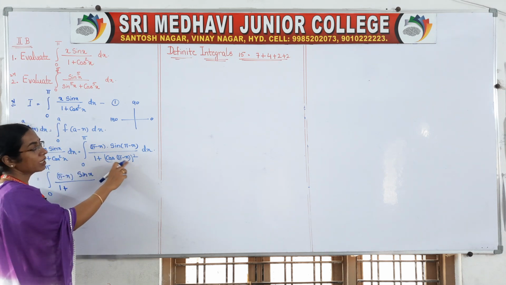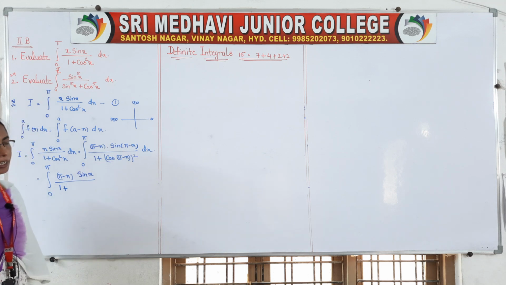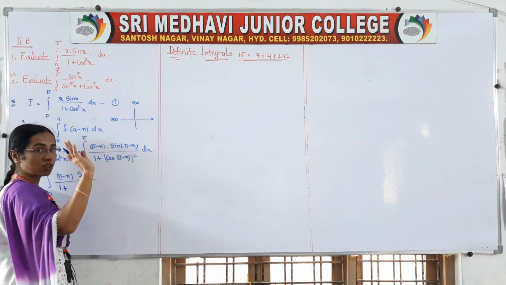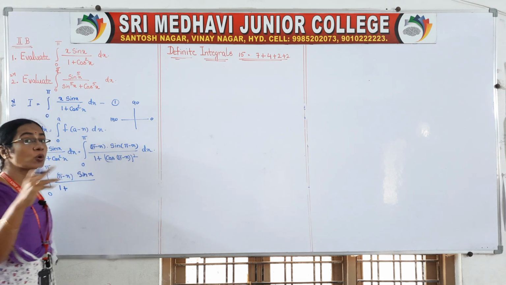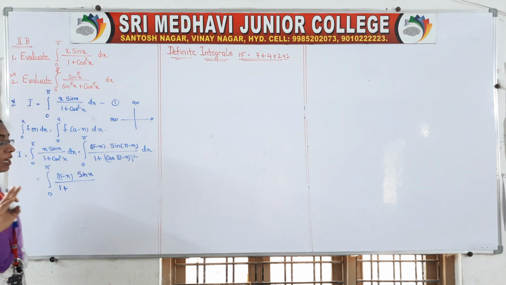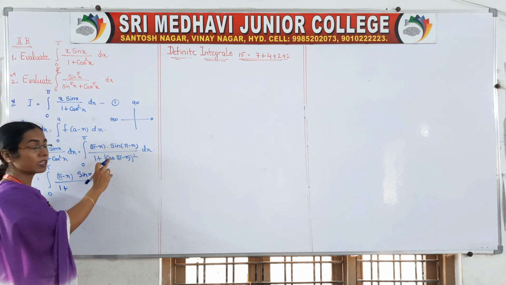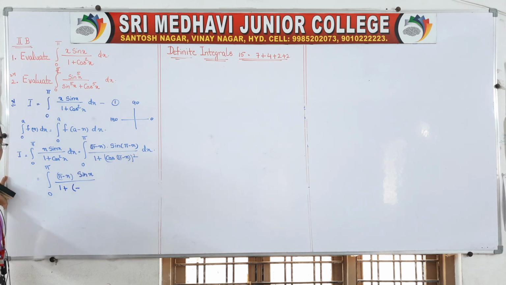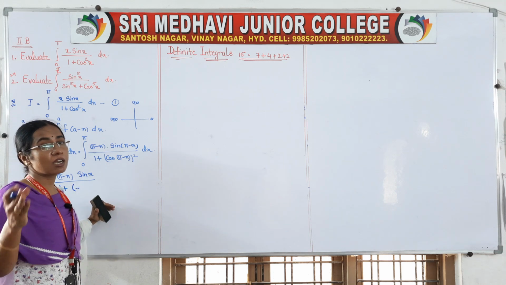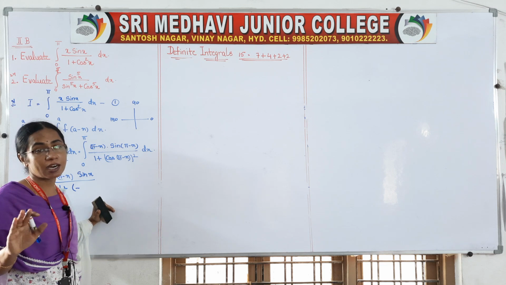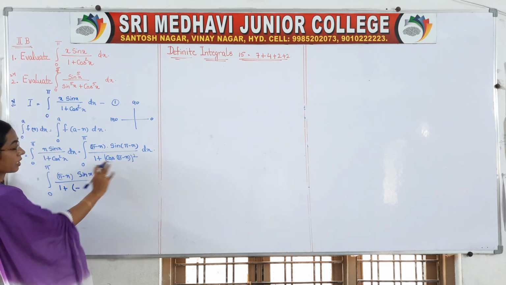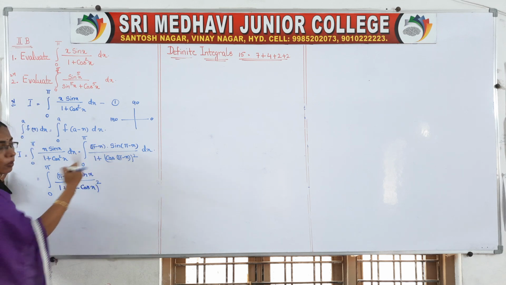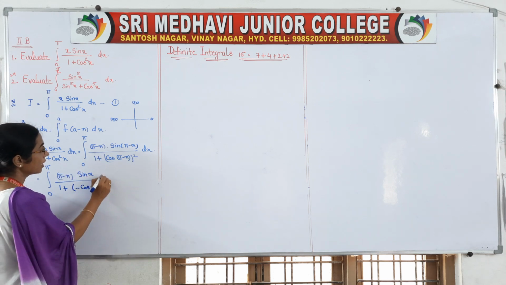Pi minus x means 180 minus theta, which means second quadrant. In the second quadrant, sine and cosec are positive, and its reciprocal, but not cos. Here we are having cos, so the negative sign comes. And the ratio does not change, so cos remains as it is, cos x, but the square is there, whole square into dx.